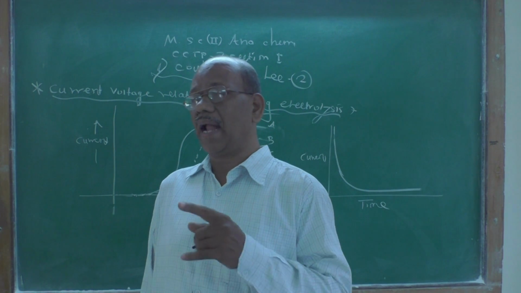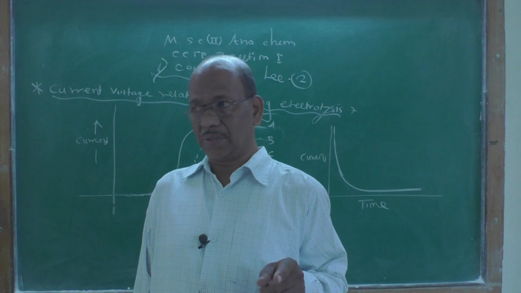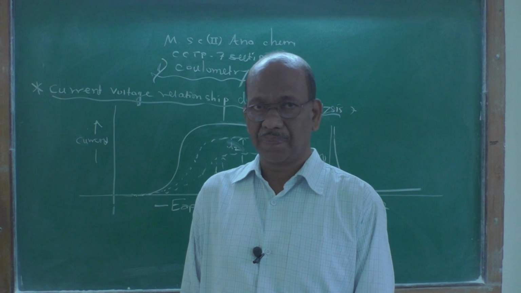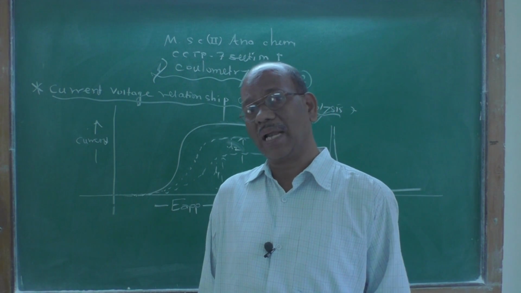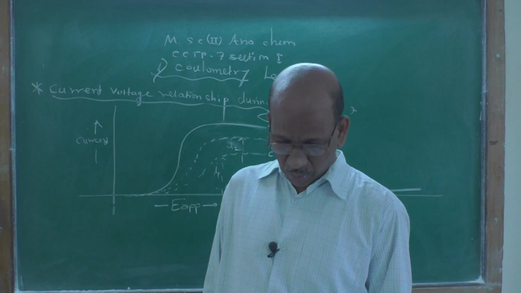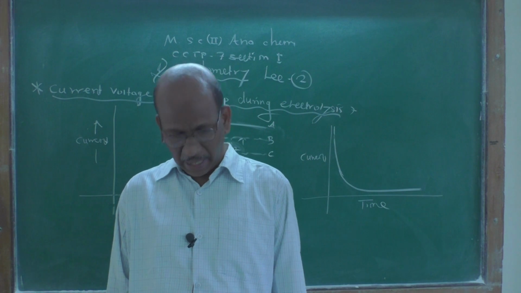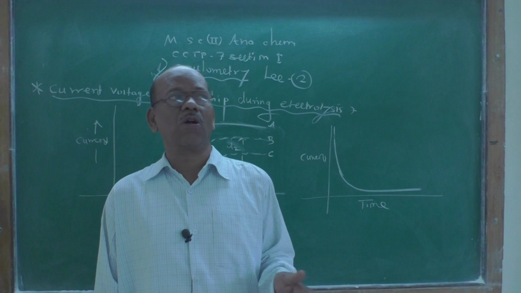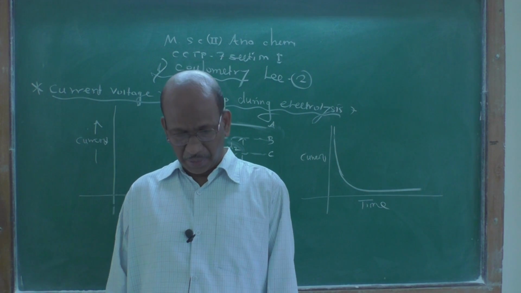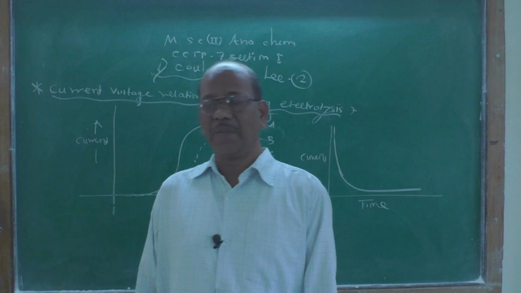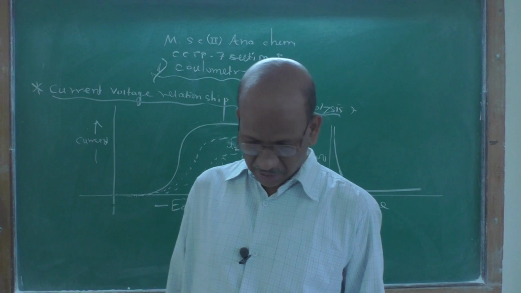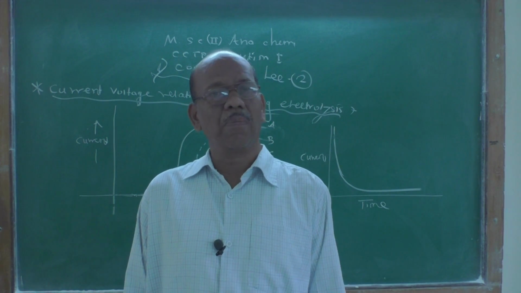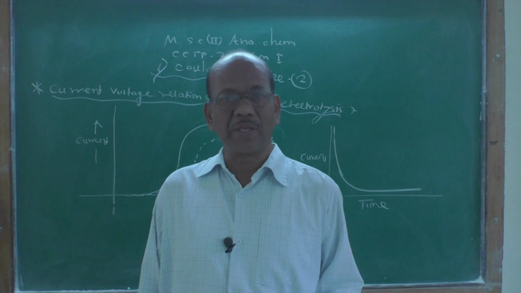So we never get 100% current efficiency. To achieve it, we control the applied potential. By controlling the potential of the working electrode, we can achieve 100% current efficiency during the oxidation or reduction of the electroactive species.